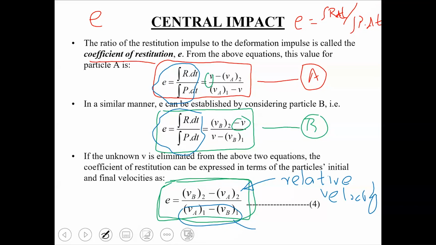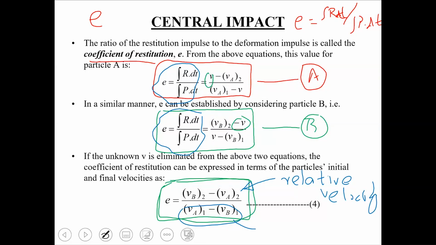Numerator 0. क्योंकि अगर डिनोमिनेटर 0 हो गया फिर क्या होगा? फिर तो E की वैल्यू किसके बराबर आ जाएगी? Infinity हो जाएगी, जो कि पॉसिबल नहीं है. सो E इक्वल टू 0 या प्लास्टिक कोलिजन कब होती है? जब R dt इक्वल टू 0 होता है. R dt अगर 0 हो गया तो फिजिकली किस चीज को वो रिप्रेजेंट कर रहे हैं? रेस्ट को.